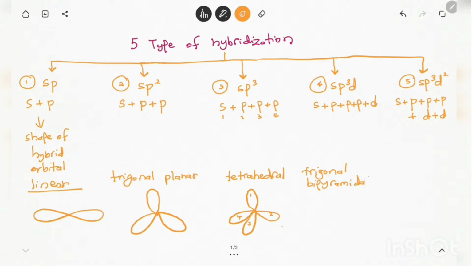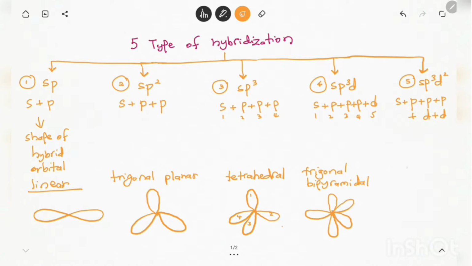So sp3d is a mixing of 5 orbitals, so we need to have 5 lobes. In trigonal bipyramidal shape, 1, 2, 3, 4 and 5.